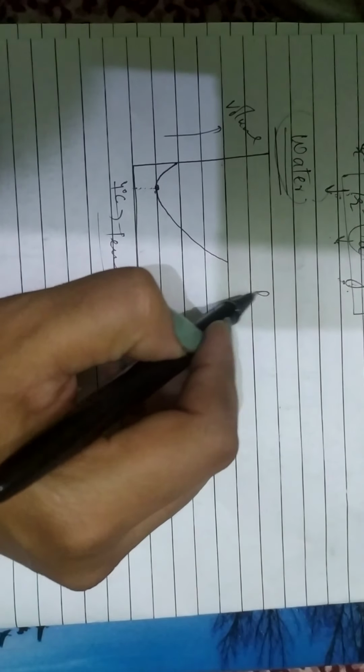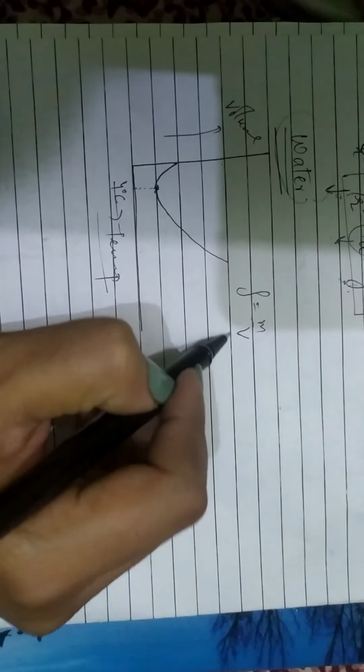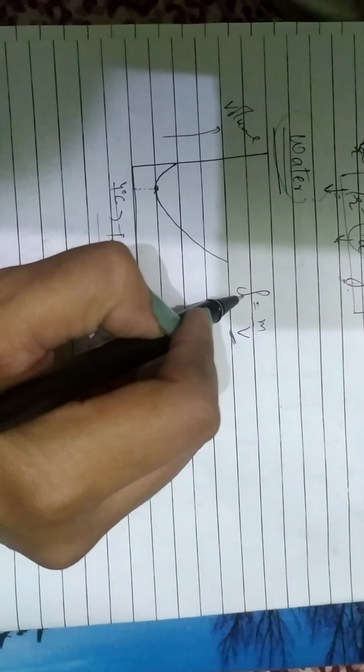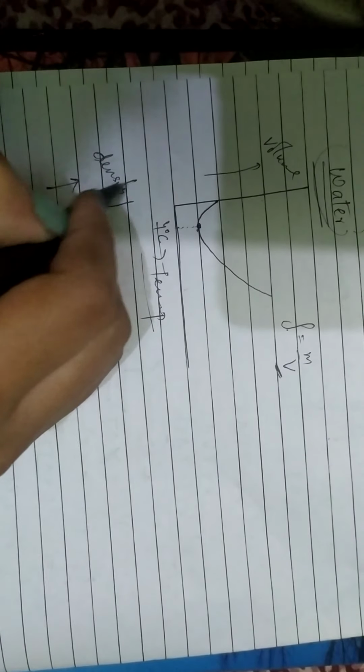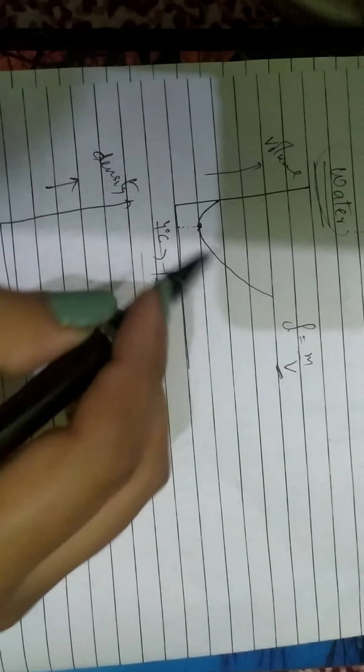Now how are volume and density related? We know density is mass over volume. So if volume decreases, density increases. What happens if we draw the same type of graph for density and temperature?